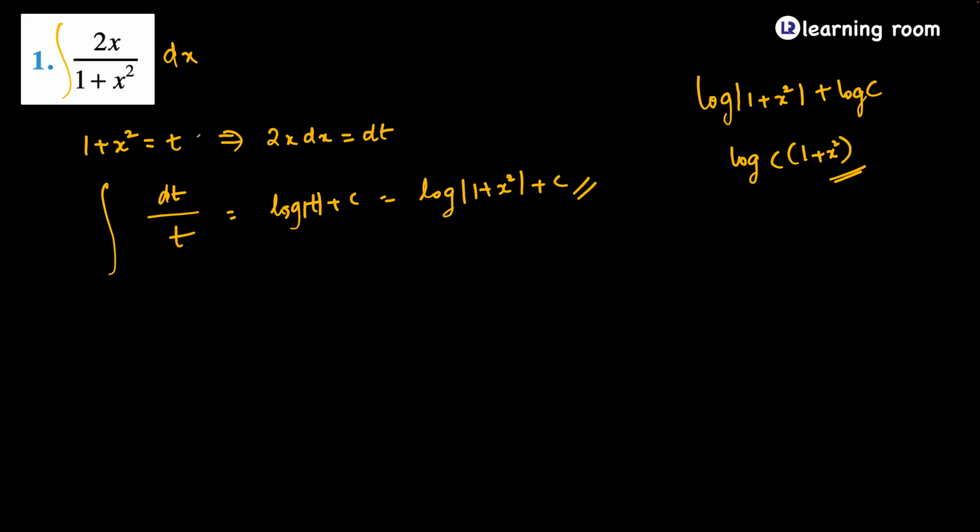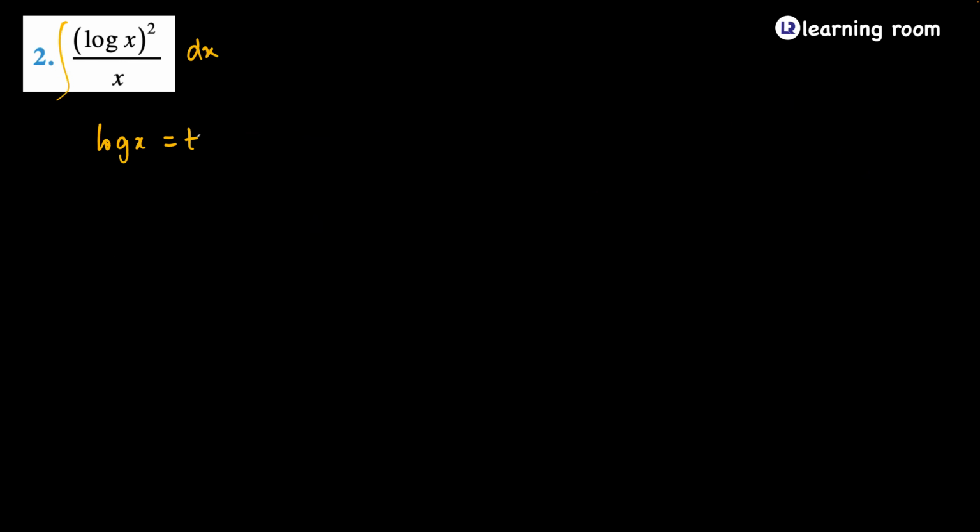Whereas whenever logarithm based problems come, you need to always see where you can substitute log x as t, because in this problem you have dx by x. When will you get 1 by x? When you differentiate log x. So you can write 1 by x dx equal to dt. Substitute it here: dx by x can be treated as dt, and log x can be treated as t.